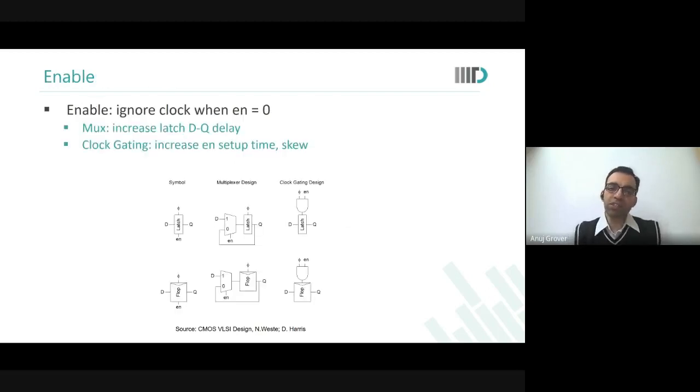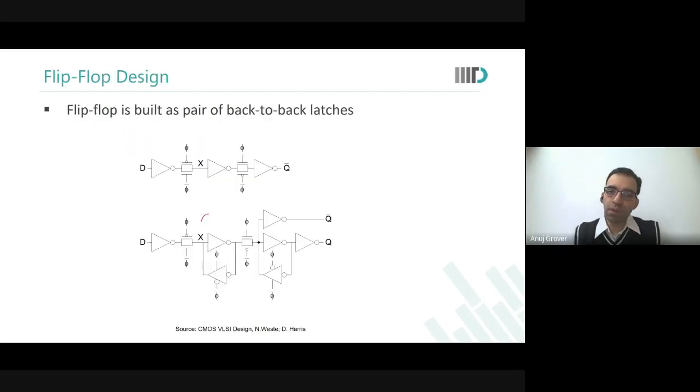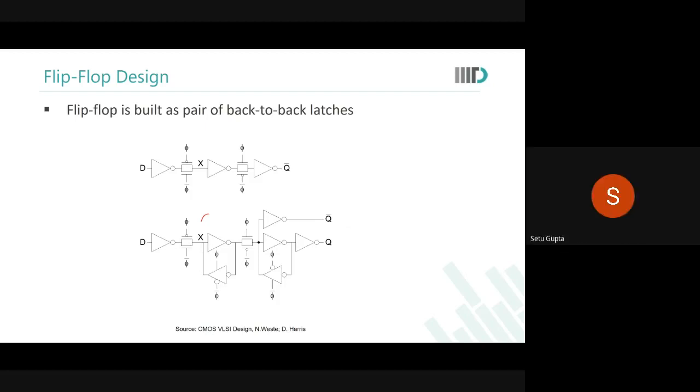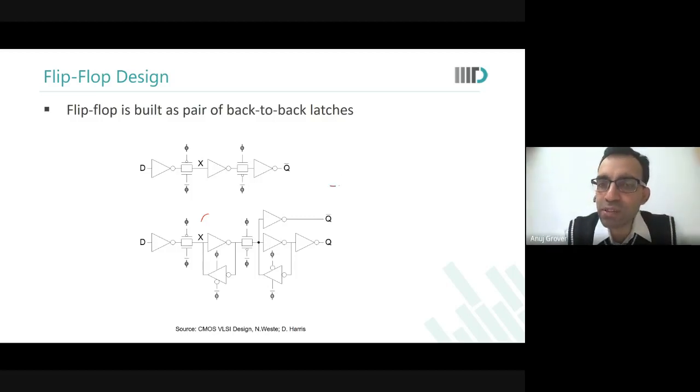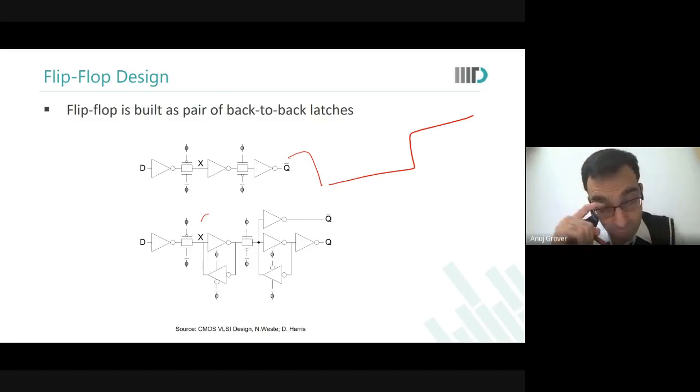How does a flip-flop function? You have all done this before. When the clock is high, the first latch samples the input, and when the clock goes low, the second one also samples it. So at exactly the edge, both sample and the value gets stored. So I have two level-sensitive latches. One is sensitive to the low level, the first one.